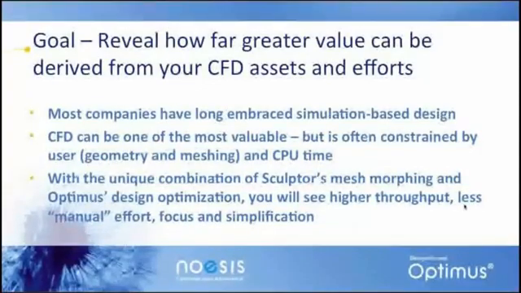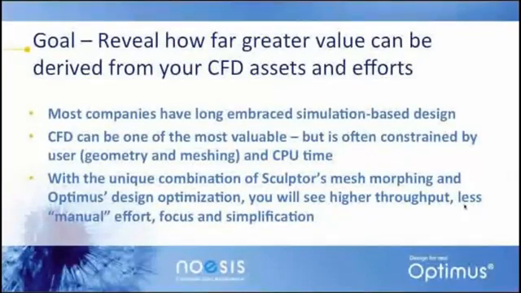So I've rushed through a very quick introduction of Optimus. I hope that it's given you at least an initial feel for how it may be used to allow you to get more out of your CFD. The process integration can automate, the DOE can provide sensitivity, the response surface models give you a very fast approximation without having to run CFD, and then optimization itself can get you those best designs.